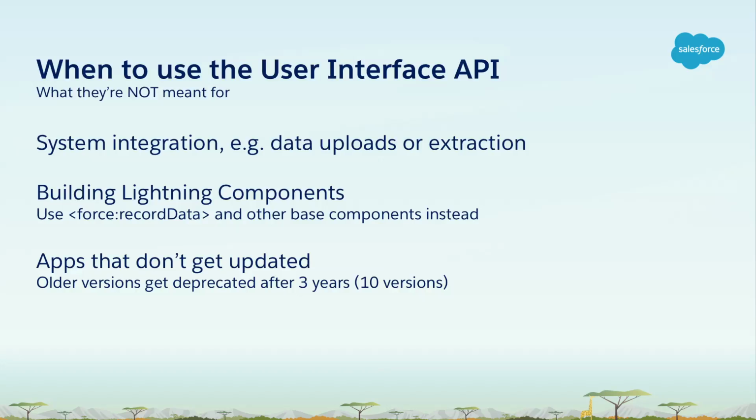So the other important thing is what to not use this API for. It's very targeted to the user interface, which means that we do things that are efficient for that, such as working with a collection of fields that are on a layout, for example.